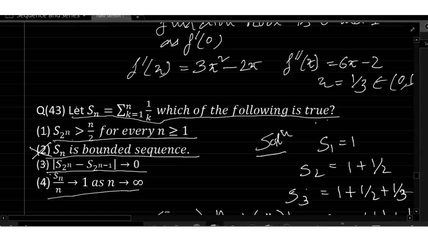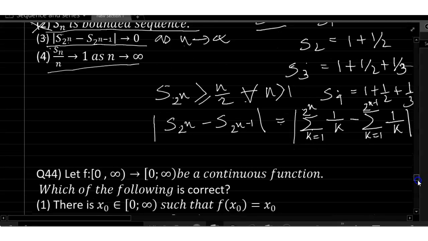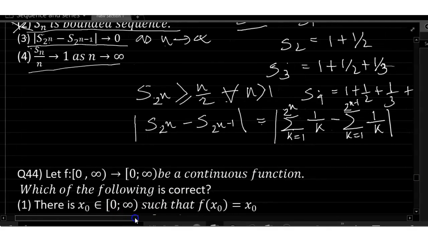It is wrong because we see there is no upper bound, and this portion is S of 2 to the power n minus S of 2 to the power n minus 1 as n tends to infinity.